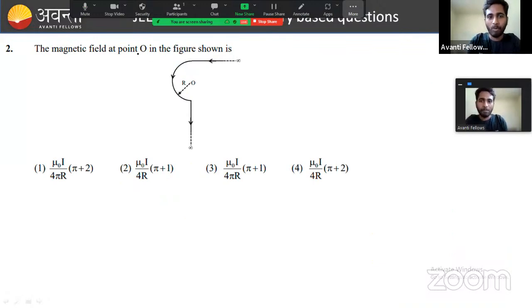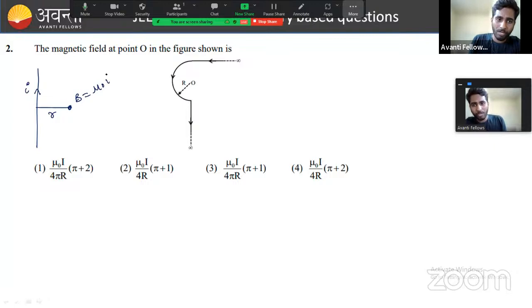The magnetic field at point O in this figure as shown. Look at the figure. The figure is very interesting. We know two things. When a wire carrying a current I, of finite length, at a distance R, the magnetic field intensity is B equals mu naught I divided by 4 pi R into sine phi 1 plus sine phi 2.